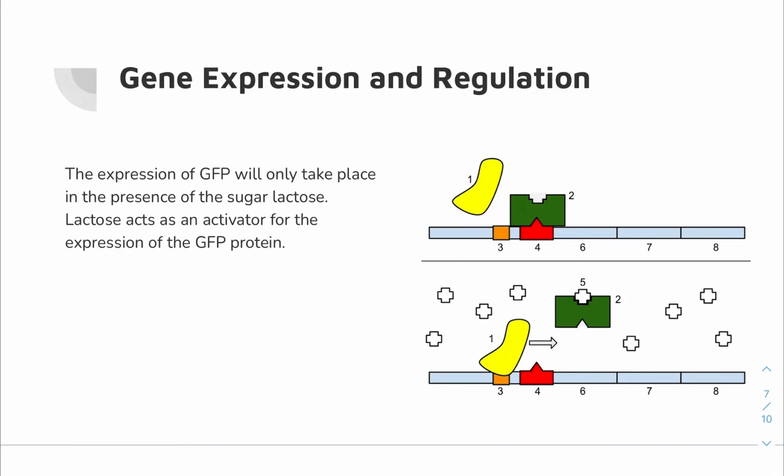So lactose acts as a little activator, I guess. And that allows for the GFP to be expressed and thus allows for our little colonies to glow.